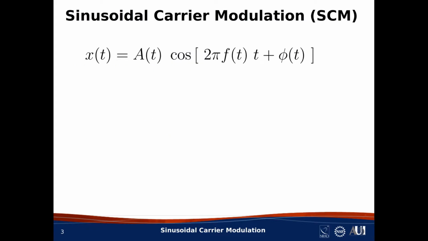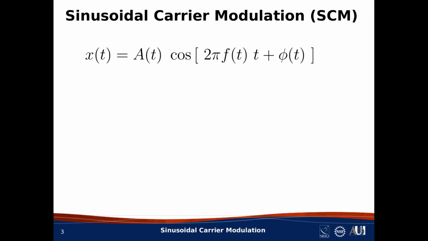So, here is SCM. The expression describes a sinusoid. That's it. Just like any sinusoid, it has a magnitude, that's capital A, and it has a frequency, that's little f, and it has a phase, that's phi. And you choose values for A and f and phi, and then you have a sinusoid.